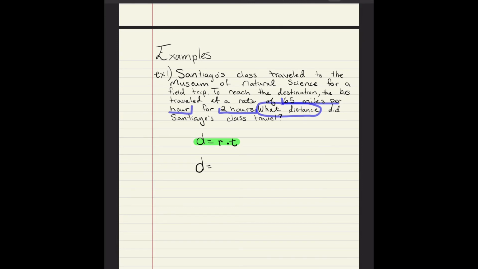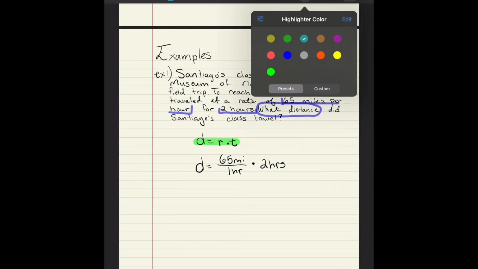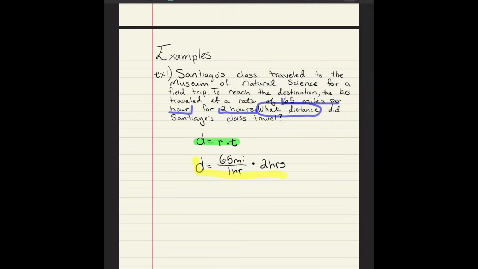The rate, it tells us here, the bus traveled at a rate of 65 miles per 1 hour, and then times 2 hours. They're asking us distance, so we need to isolate our miles because miles is distance, right? So let's highlight this with the color. Here we plugged in one of the numbers, here we plugged in the other.